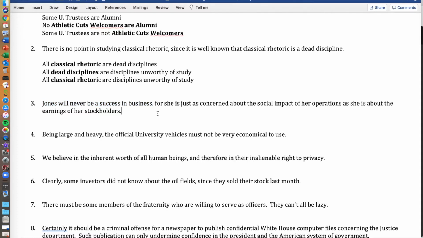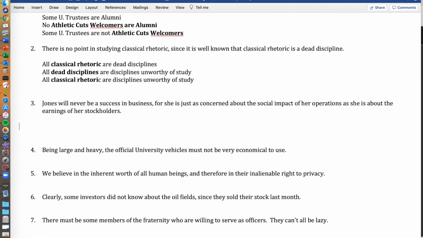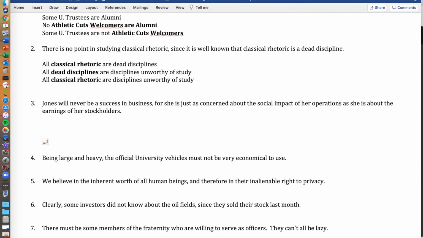So again, when we're talking about a statement with an individual representing the category or the term, we know that that's going to be a universal statement. And so when we have Jones will never be a success in business, we know that's going to be, because of the word never, a universal negative statement. So we'll start with that conclusion.